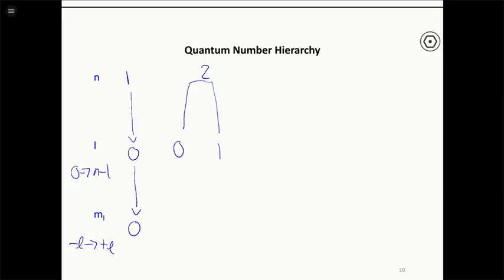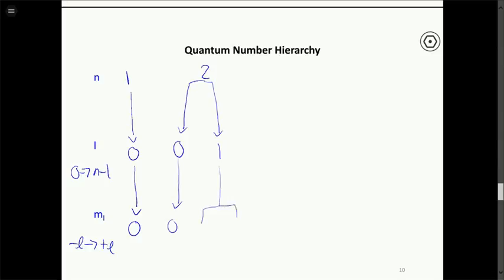And then again, when L equals 0, the only value of m sub L is 0. And then when L equals 1, we have now 3 possible values of m sub L. So m sub L goes from minus L to plus L, so it goes from minus 1 to 1, and then it includes 0 as well. Okay, so when you have n equals 2, you have a lot more possibilities. You have L equal to 0 or 1, and then when L equals 1, you have 3 allowed values of m sub L, minus 1, 0, and plus 1.